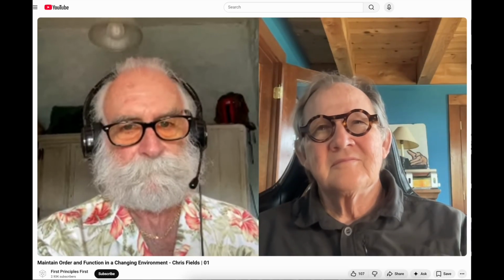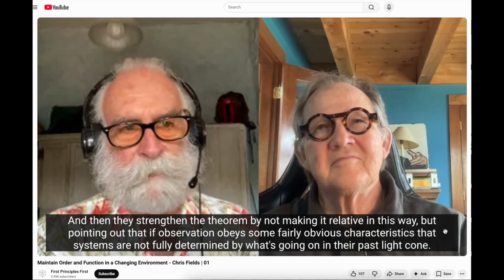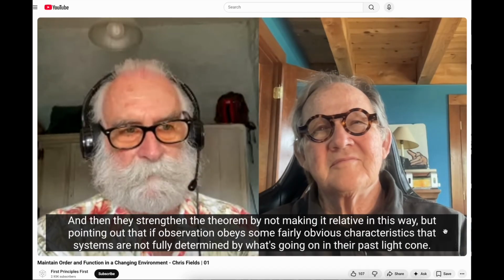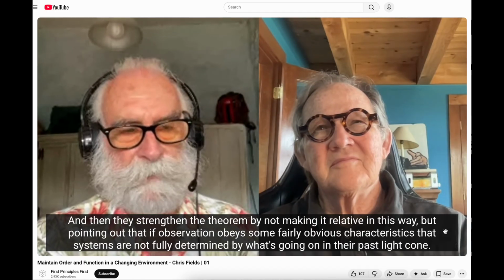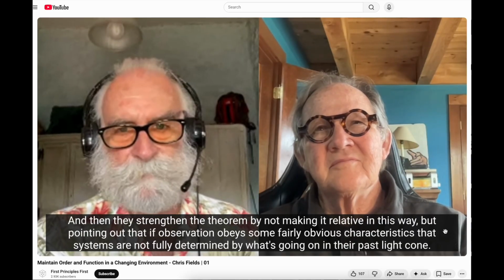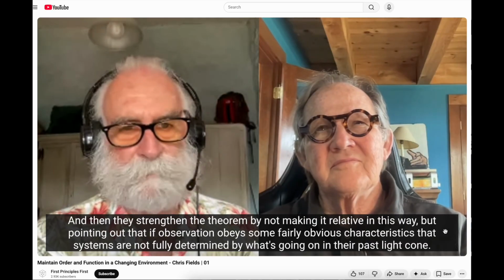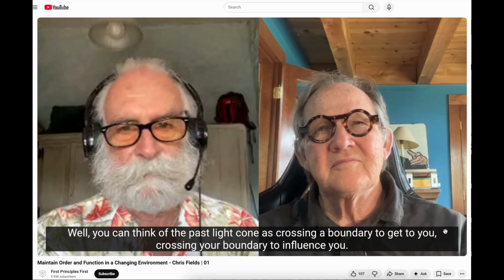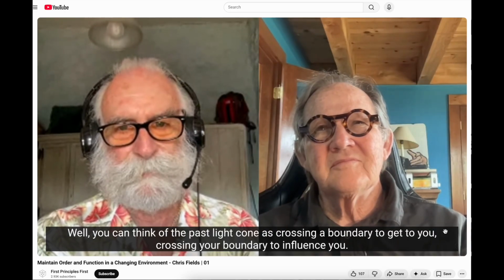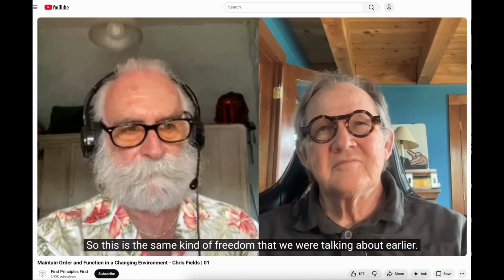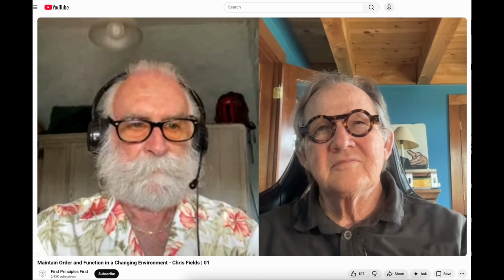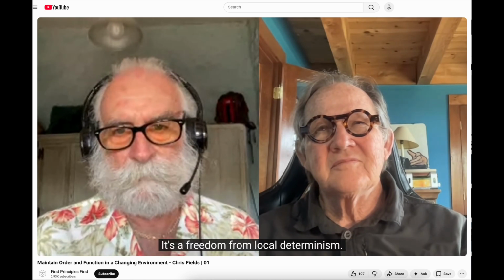And then they strengthened the theorem by not making it relativistic in this way, but pointing out that if observation obeys some fairly obvious characteristics, then systems are not fully determined by what's going on in their past light cone. Well, you can think of the past light cone as crossing a boundary to get to you, crossing your boundary to influence you. So this is the same kind of freedom that we were talking about earlier. It's a freedom from local determinism.